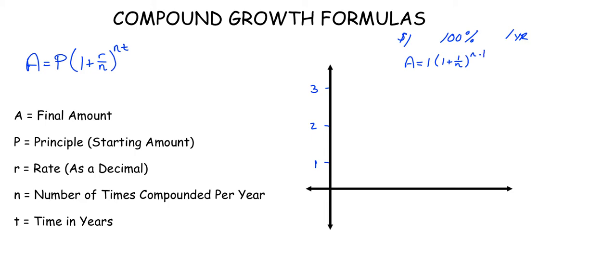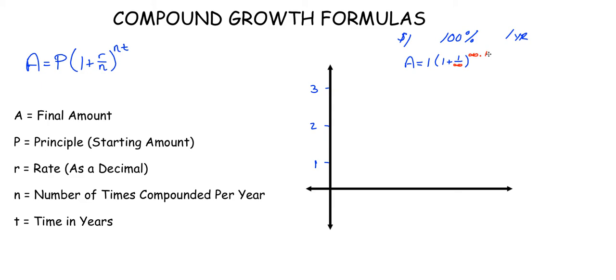But since we said that n is going to be infinite, I'm actually going to replace the n with infinity. So it's like 1 divided by infinity raised to the infinity times 1 power. If I'm compounding it an infinite number of times over that year at 100% interest, you might think that it's just going to grow infinitely large, but that doesn't actually happen.